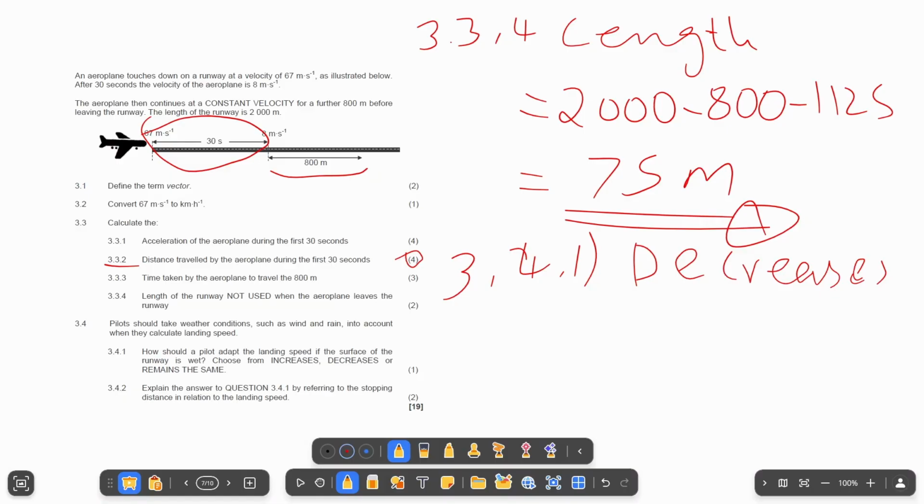It's because if the runway is wet, sorry, I'm not going to write 3.4.2. I'm just going to say it, and then you'll have to write it in your own words, right? Because you see my pen is not nice, and if I write here, it's going to take time, and also it's not going to appear nice.